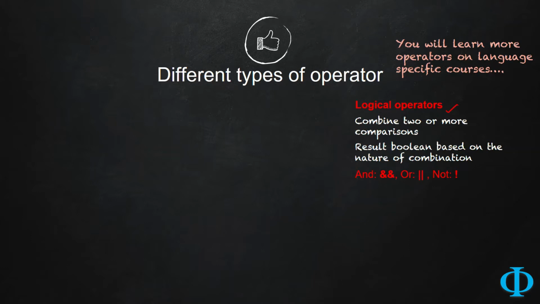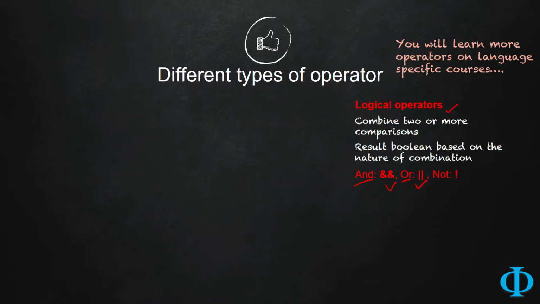There are mostly two different types of combination. One is the AND type of combination and the other is the OR type of combination. What does that mean? For example, think of a simple situation.